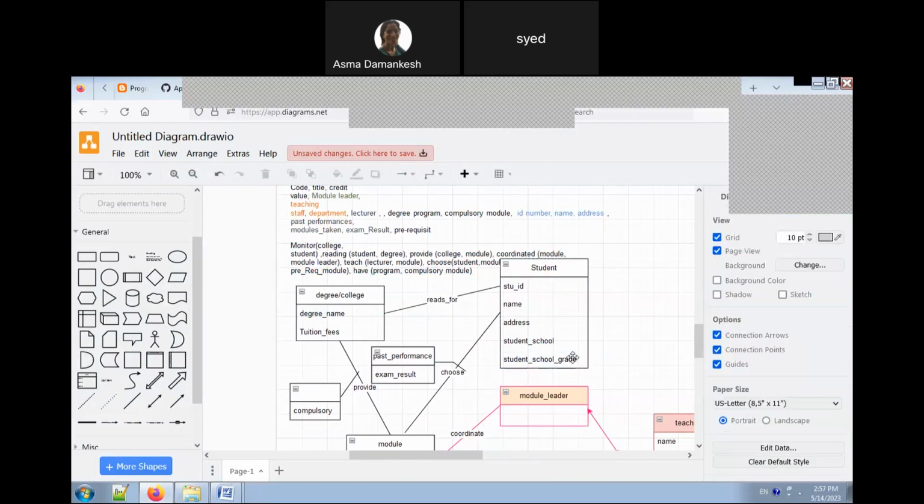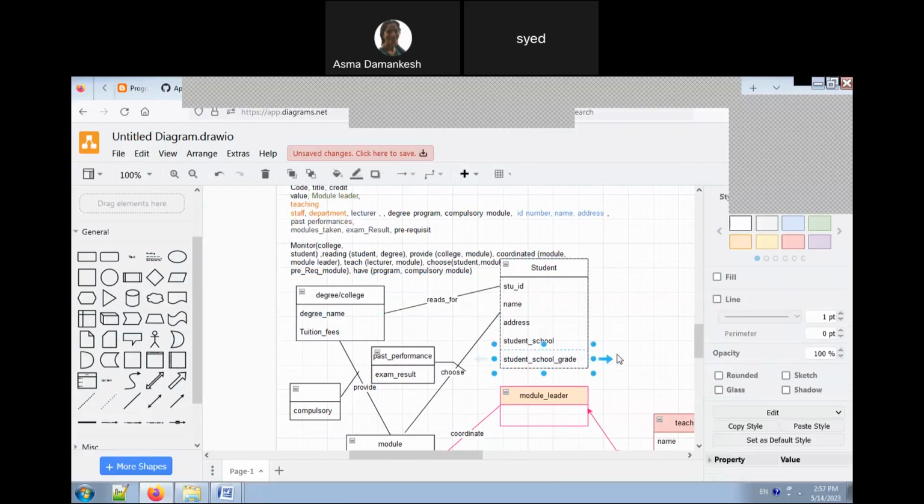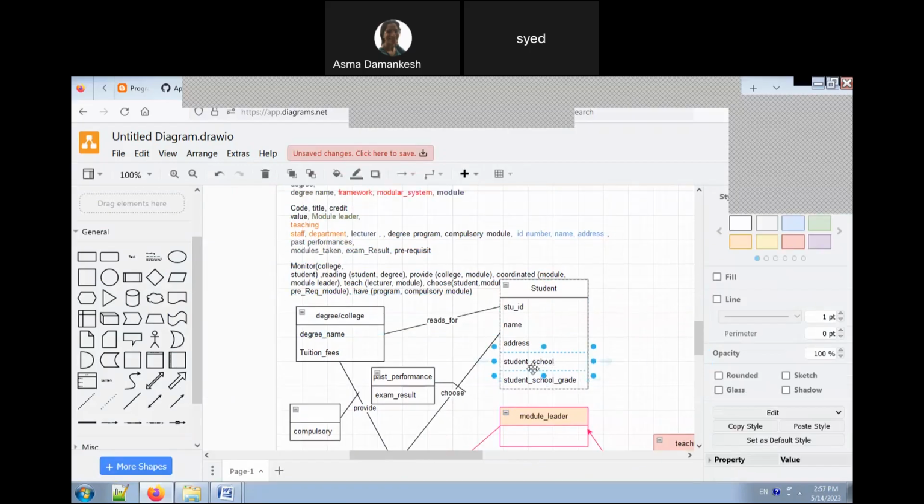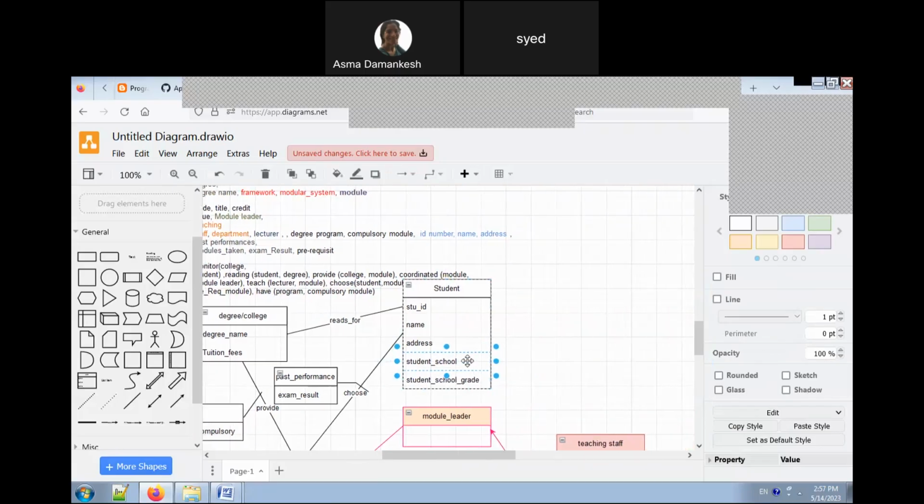Instead of having this like that, I know that the school name and school grade belong to this student, but since they both are information about the school, I could move it out, okay?